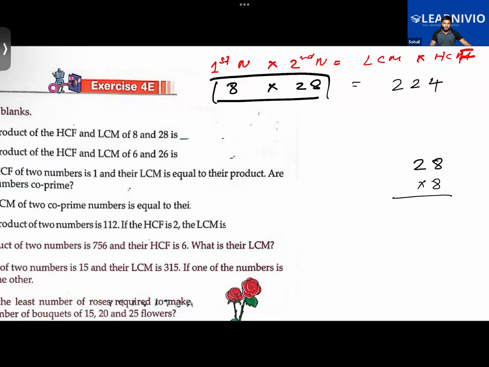Okay, where have you made the mistake? 8 eights are 64. You carry on 6. 8 twos are 16. 16 plus 6, that is 22 now.